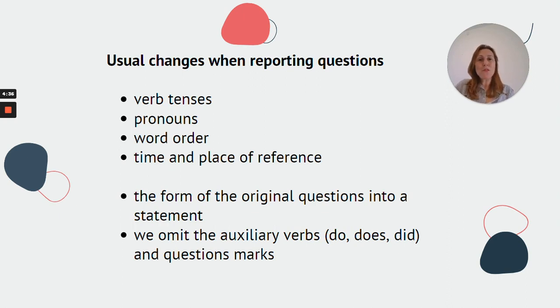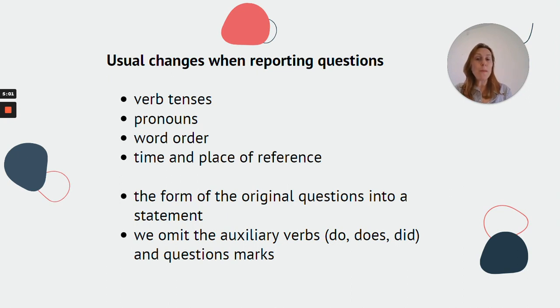Now let's pass on to the usual changes when reporting questions. We have already learned that when reporting questions, the same changes take place: verb tenses, pronouns, word order, and time and place of reference change, but also the form of the original question changes into a statement.